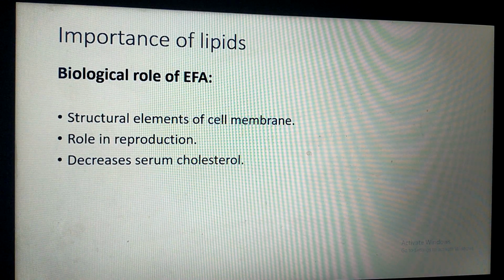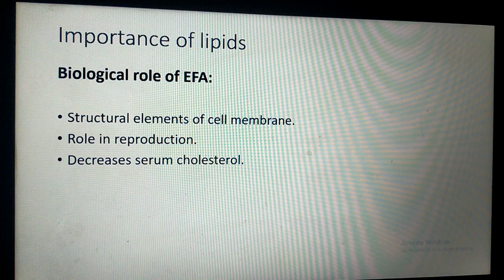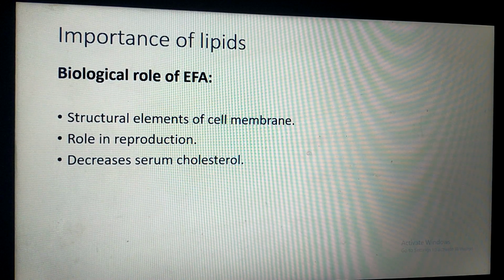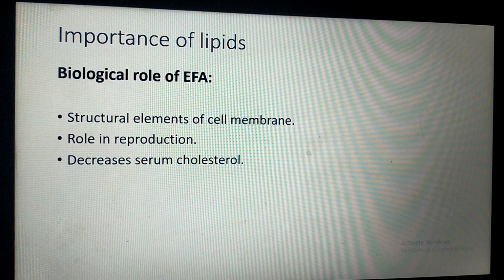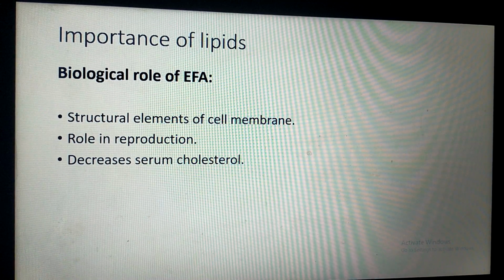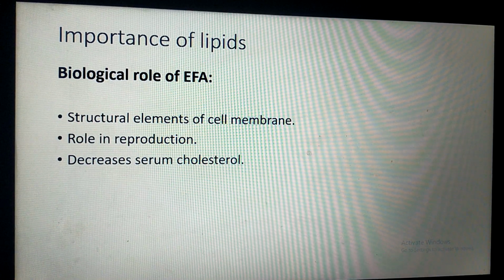Essential fatty acid binds with the free cholesterol in the body to form cholesterol esters, and such cholesterol esters are then excreted out of the body through the bile. Therefore, essential fatty acid decreases serum cholesterol level.